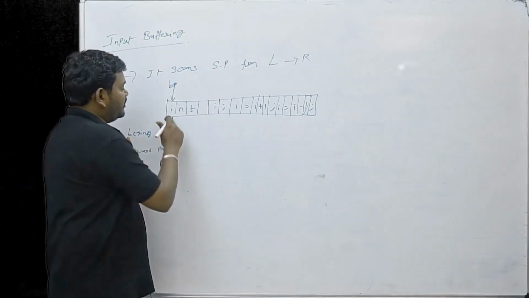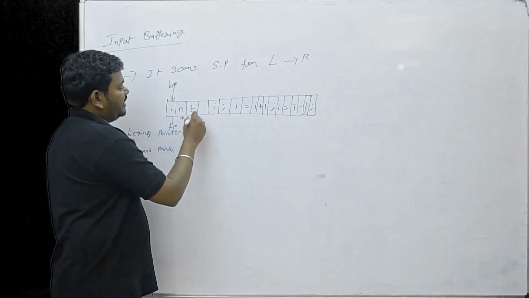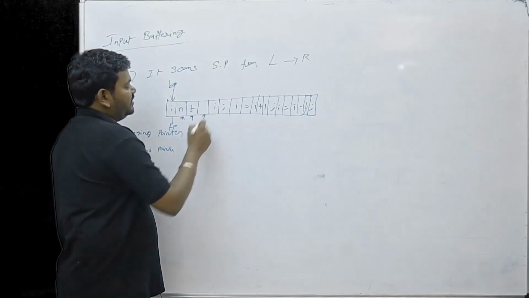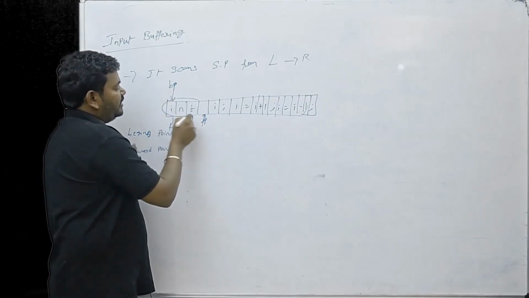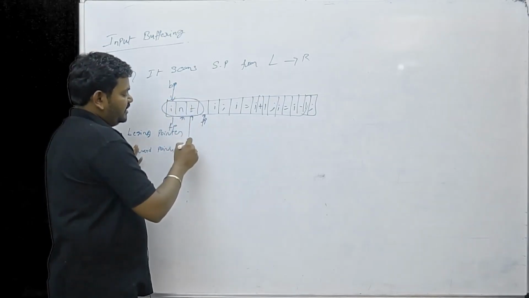So in input buffering, it uses two pointers: the beginning pointer and the forward pointer. Both start from the initial location. The forward pointer scans one character at a time until it gets a blank space, and whatever characters are in between the begin pointer and the forward pointer are treated as a lexeme.